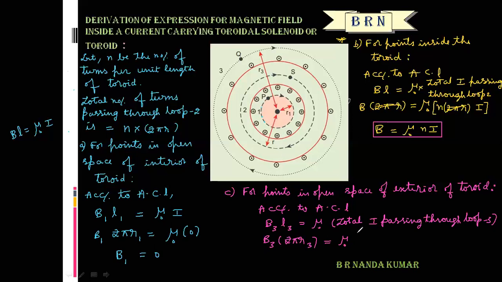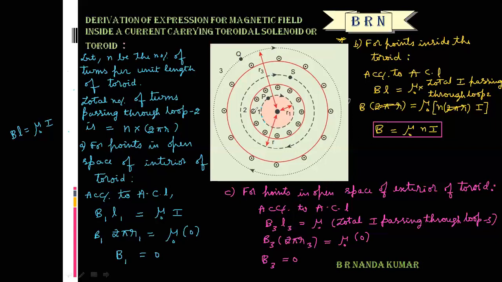Here the total current passing through loop 3 is 0. 0 and anything is 0, 0 divided by anything is 0. So the magnetic field in open space of exterior of toroid is equal to 0.